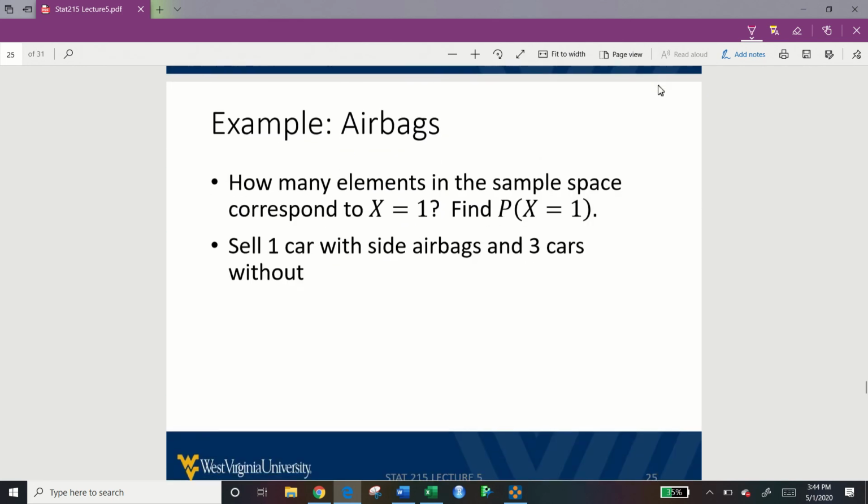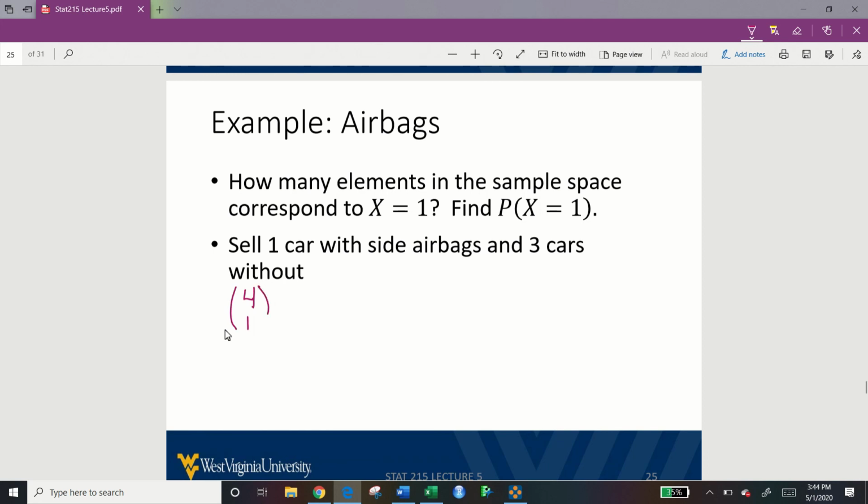Let's move on. How many elements in the sample space correspond to X equal to 1? And then we are also asked to find the probability of X equals 1. Meaning we sell 1 car with side airbags and 3 cars without. Once again, 4 cars, 1 with a side airbag.